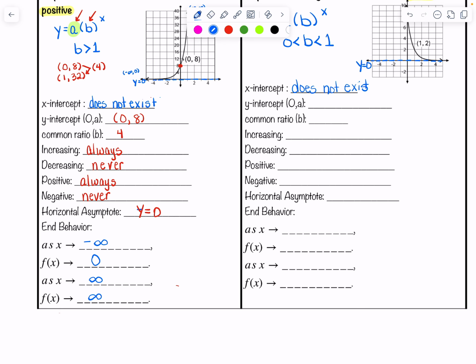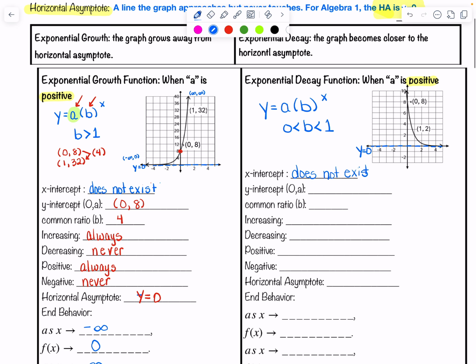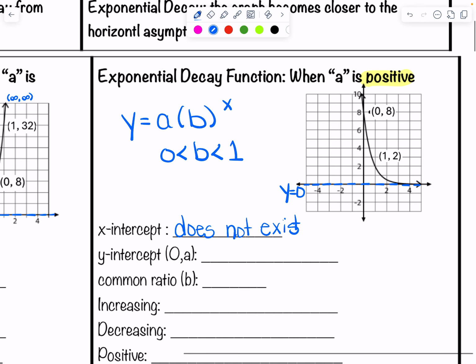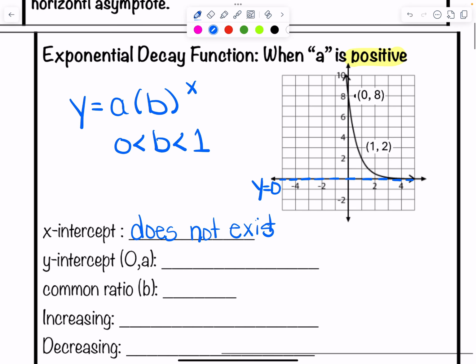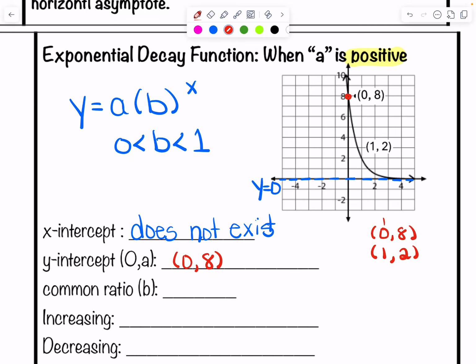All right, let's look at our next example here, exponential decay, when a is also still positive, but this time b is between 0 and 1. So the y-intercept on this one is still at (0, 8). To find our common ratio, we're going to use the 2 points we have, (0, 8) and (1, 2). Again, make sure our x values, 0 and 1, are next to each other.